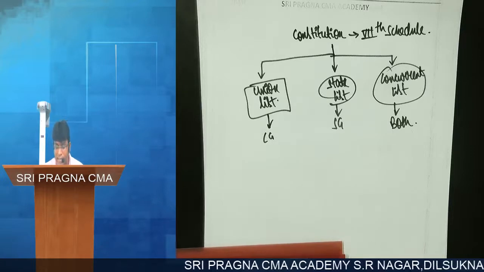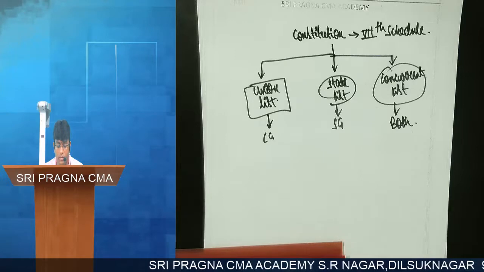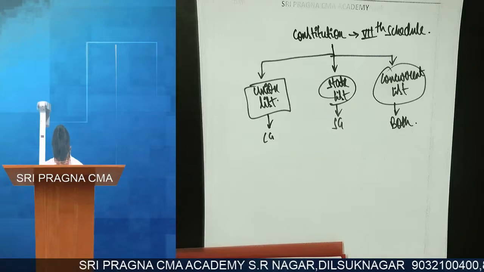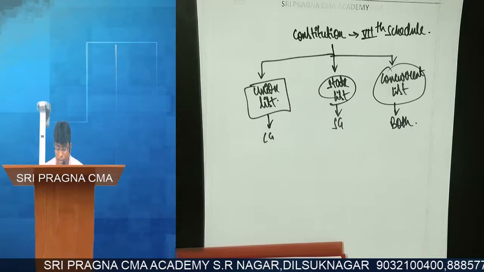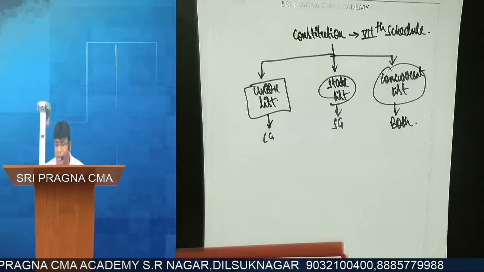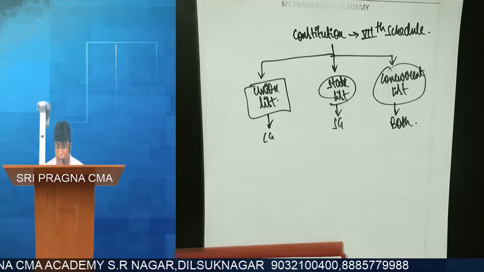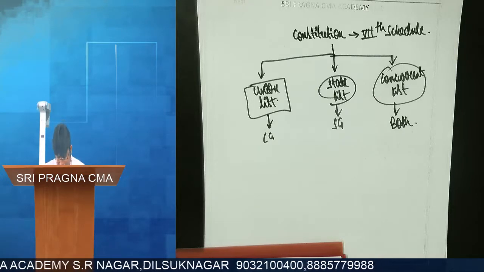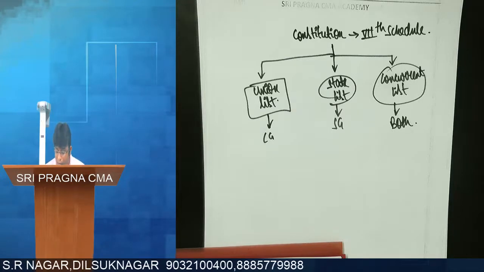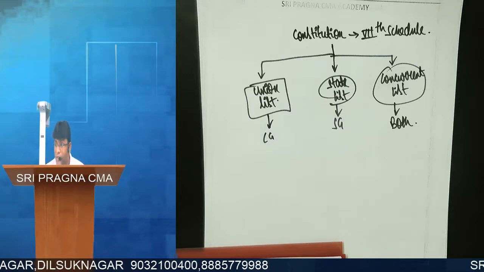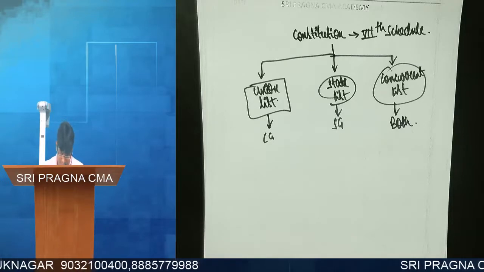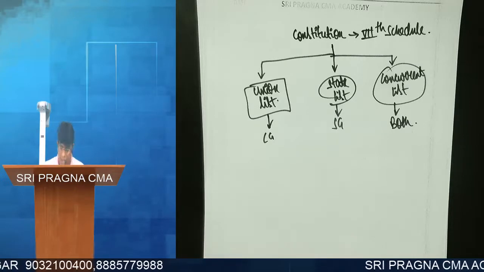Example, Andaman and Nicobar, Daman and Diu, Lakshadweep. Pondicherry has got state legislature, right? So: Andaman and Nicobar, Daman and Diu, Lakshadweep, Dadra and Nagar Haveli and Chandigarh.